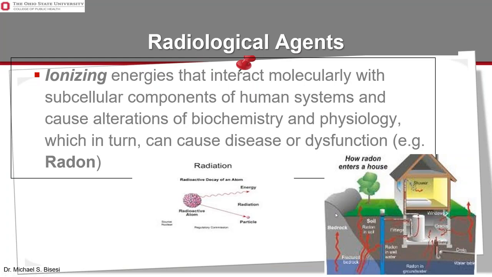So looking at radon gas, here are two good diagrams for you to consider. The middle diagram just shows you the concept of radioactive decay. And when we talk about ionizing radiation, the radiation can be in the form of particles. As I stated, it could be an alpha particle, which is very heavy and dense.